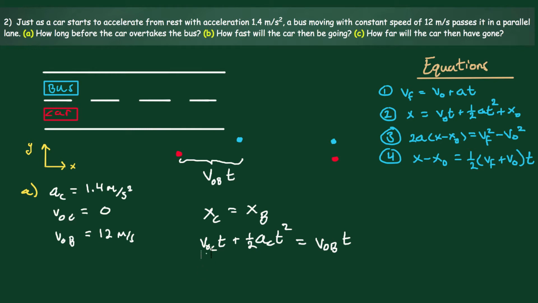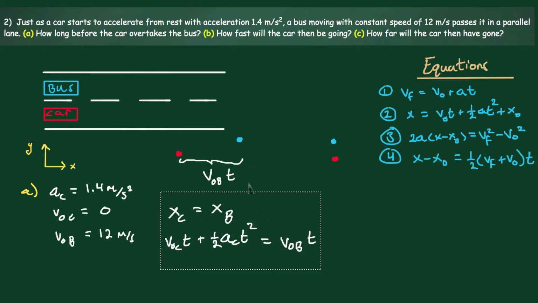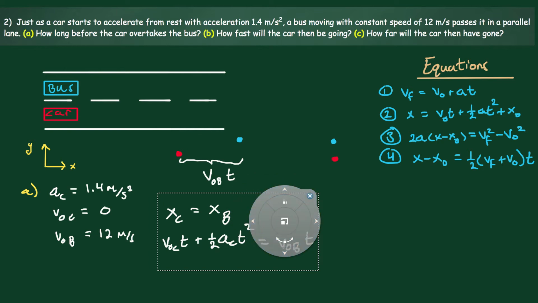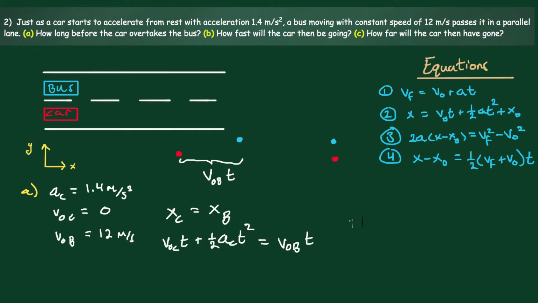But essentially, this is how you set up the problem, because what they're asking us is to find the time when the x distance traveled by the car is equal to the x distance traveled by the bus, okay? So let's go ahead and plug in the values and see what we can get.